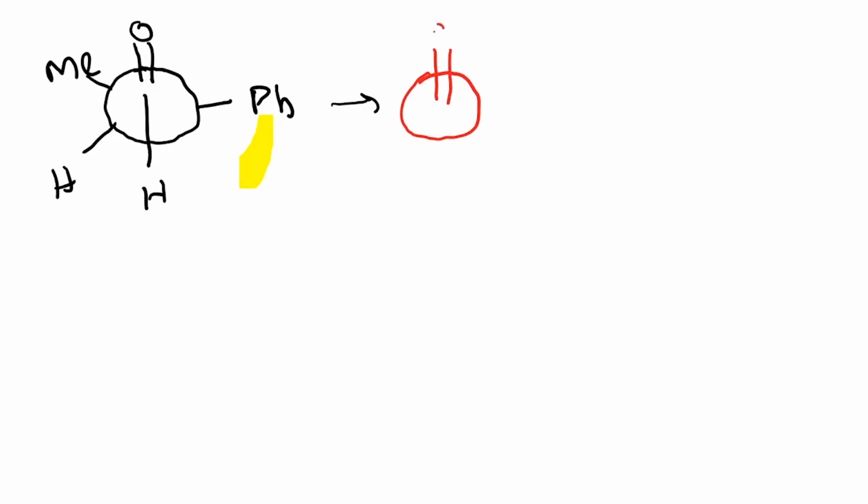So the carbon remains intact. The phenyl moves down, the methyl moves from here to here, and then the hydrogen is now perpendicular to the carbonyl.